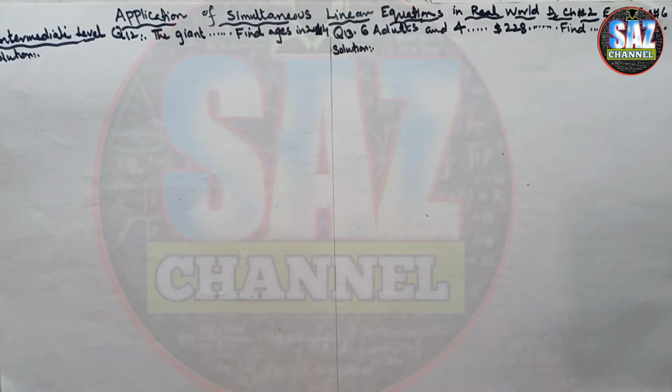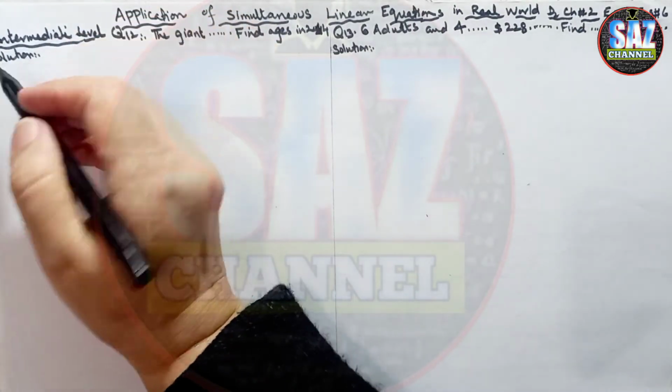So what we have to do is suppose how old Kia is and how old Gia is when they first arrived in Singapore in 2013. So what will be the supposition?